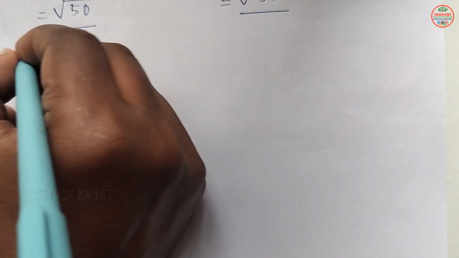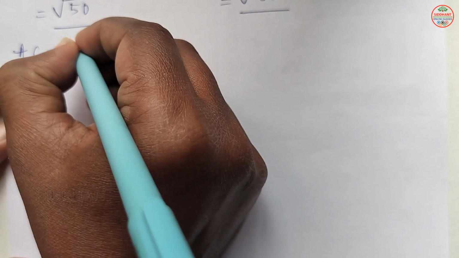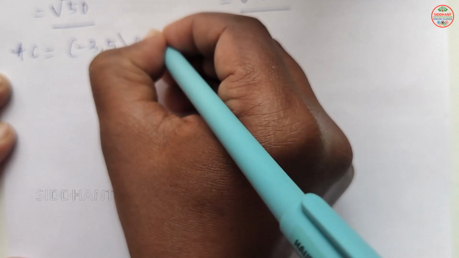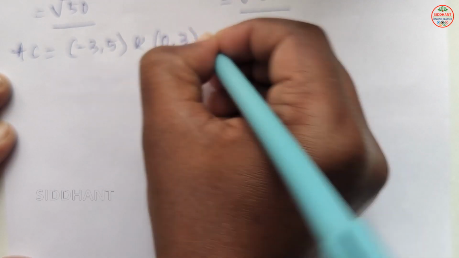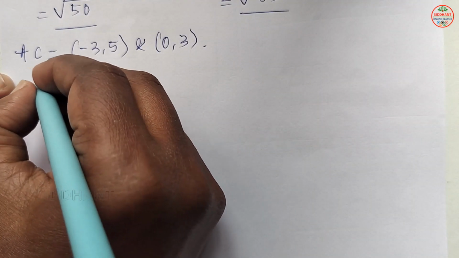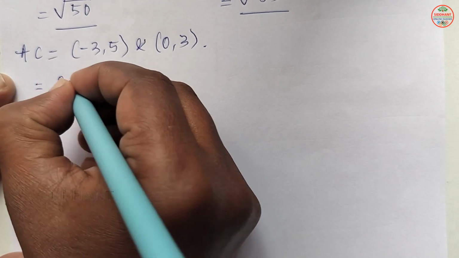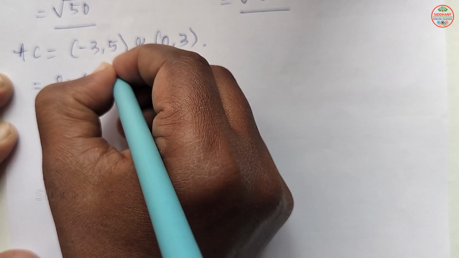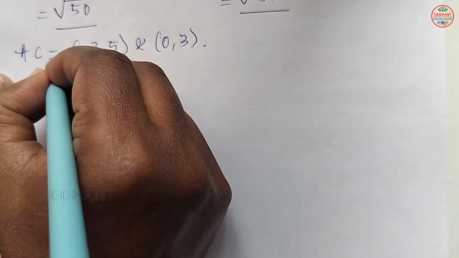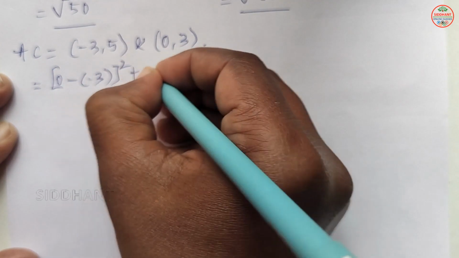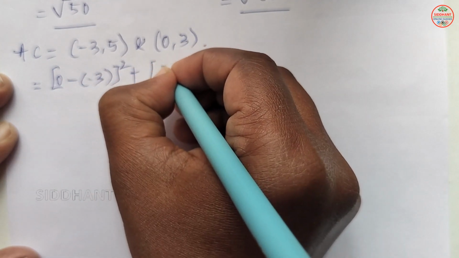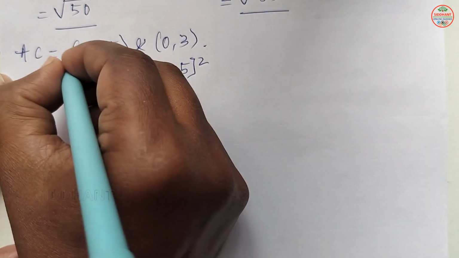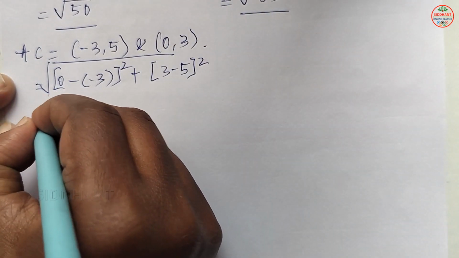Diagonal AC: A is minus 3 comma 5 and C is 0 comma 3. So 0 minus of minus 3 whole square plus 3 minus 5.